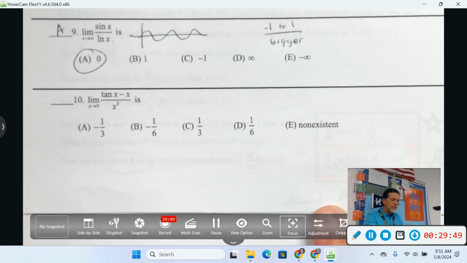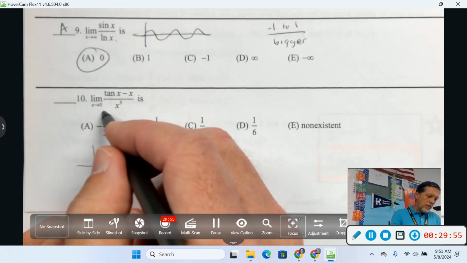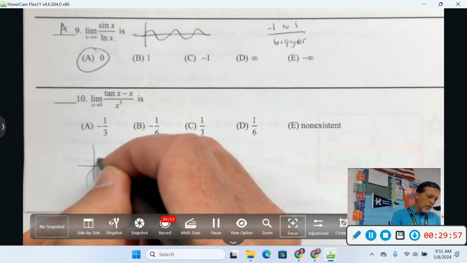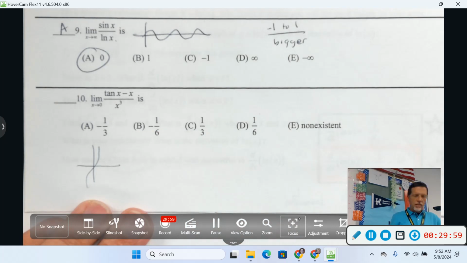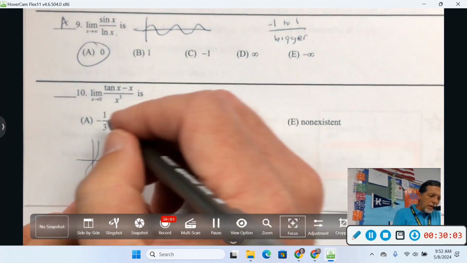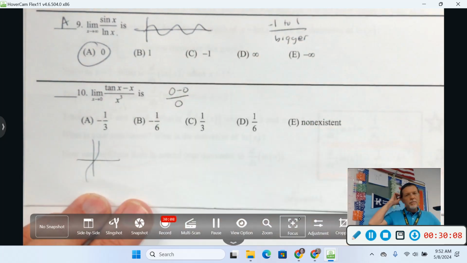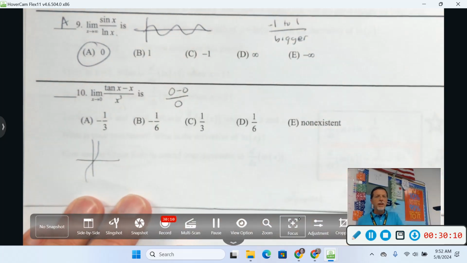Okay, tangent of x. Ooh, tangent of x wasn't on our list, but let's see, tangent of x as x goes to 0. It's like that. Yeah, I don't think I'm going to figure this one out just by thinking about it. Let's plug it in. 0 minus 0 over 0. So I think we got a L'Hopital situation here.